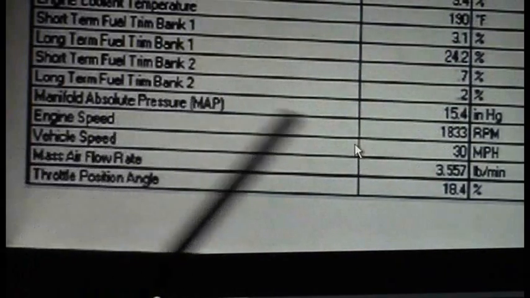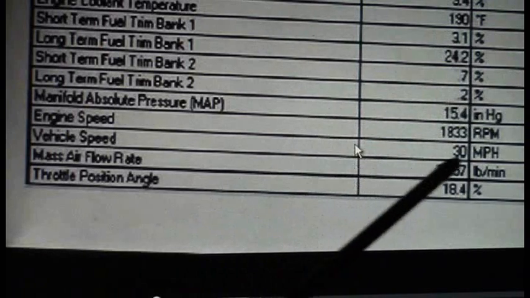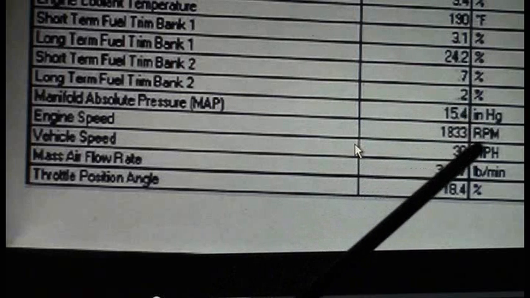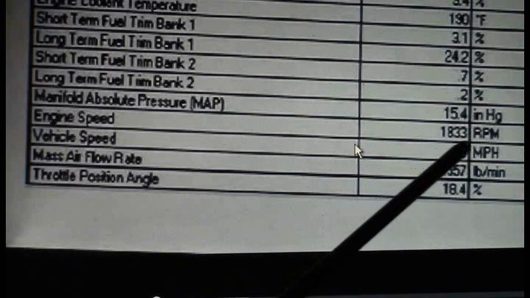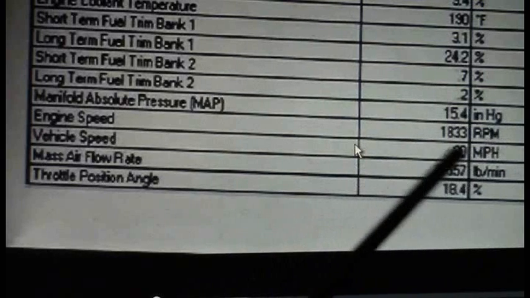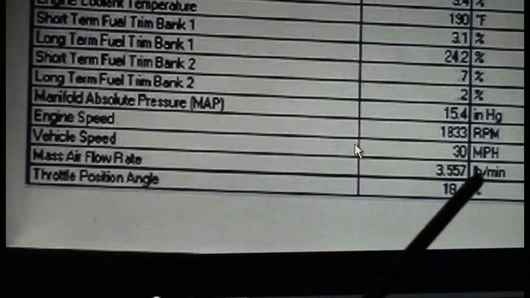Now, the other thing that I show in that video on fuel trims is that we can get some clues here onto whether this is a vacuum leak issue or a fuel deficit issue, either by inadequate fuel delivery or too much unmetered air. We can look here, the throttle is open based on our throttle position angle.